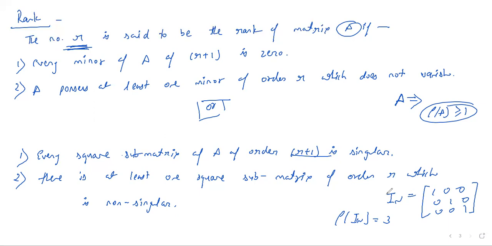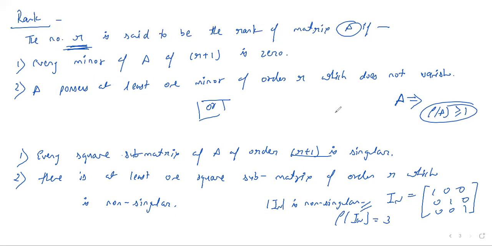So by the determinant definition, it is non-singular. From this you can say that the identity matrix is of rank 3.